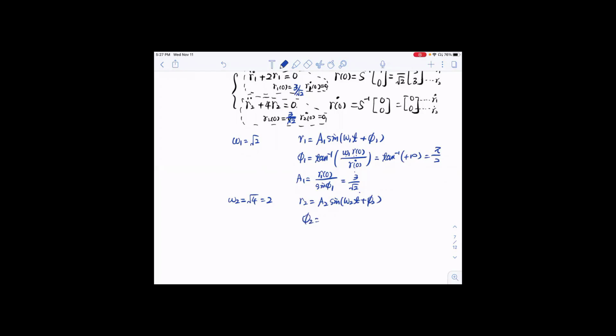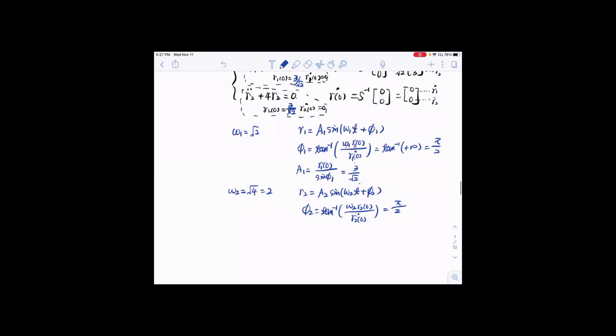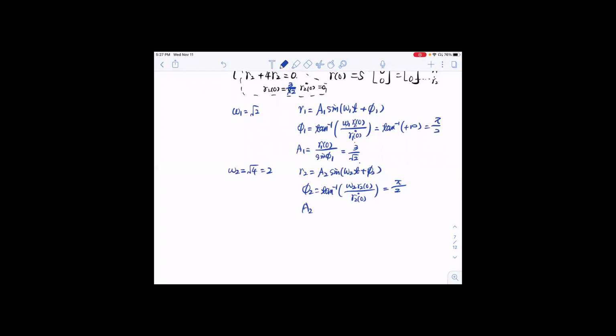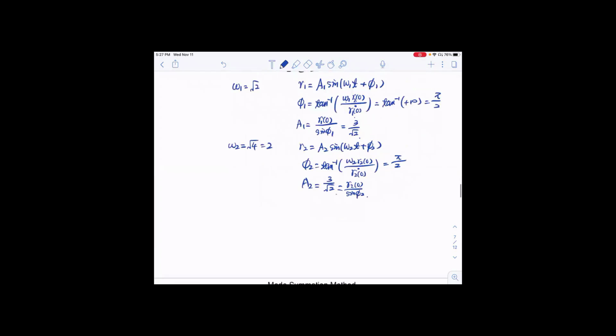Similarly, your phi 2 is inverse tangent of omega 2 times R2 initial position, divided by R2 initial velocity. That's also positive half pi. And then your A2 will be the same, which is R2 initial position divided by sine phi 2. All right, so then you calculate everything in R domain.